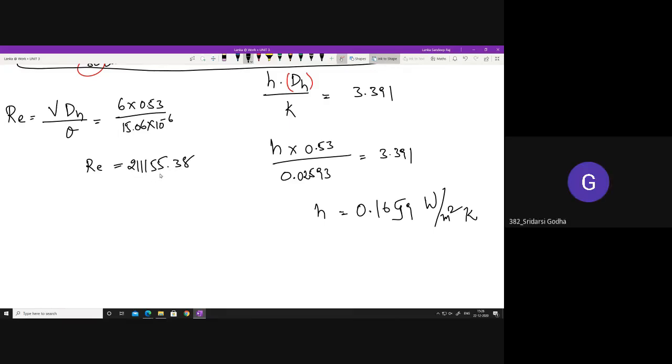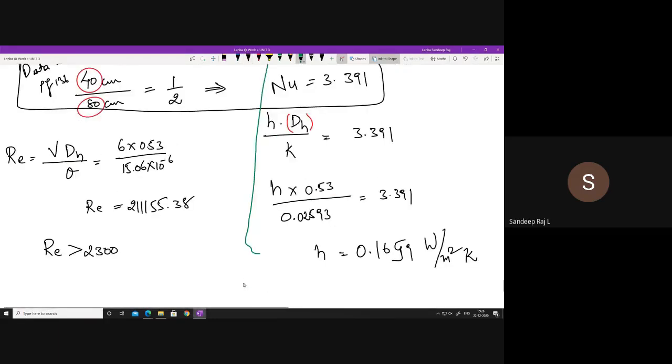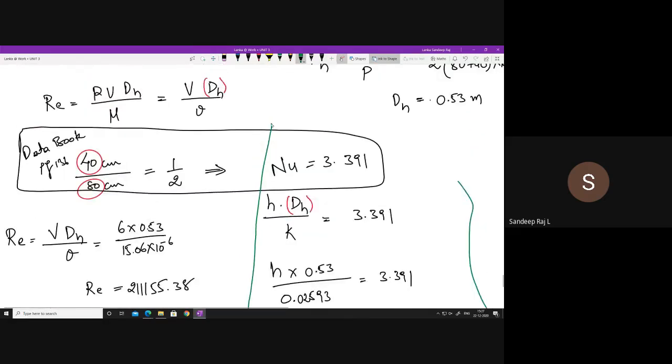Sir, it is turbulent, no, sir? We have taken for laminar. RE is greater than 2300. This whole process is for laminar. If it's laminar only, you have to take it, otherwise you should not.